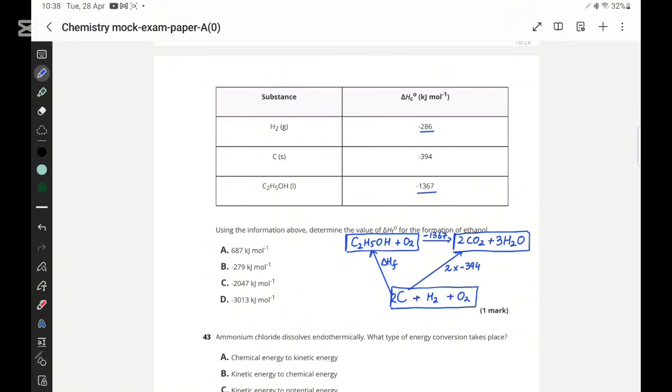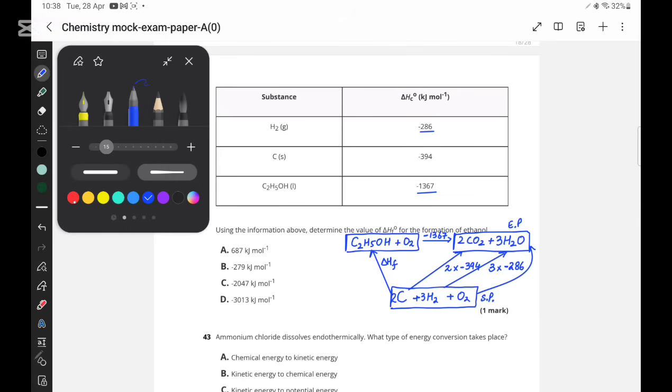For 3 moles of hydrogen, how much is that? That is 3 times minus 286. So this is going to be the starting point, and this is going to be the ending point. Route 1 is from this point to this point. Let me choose another color.